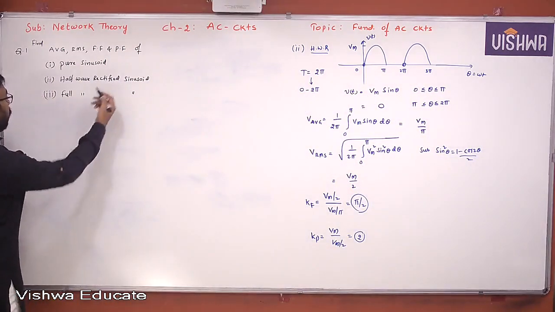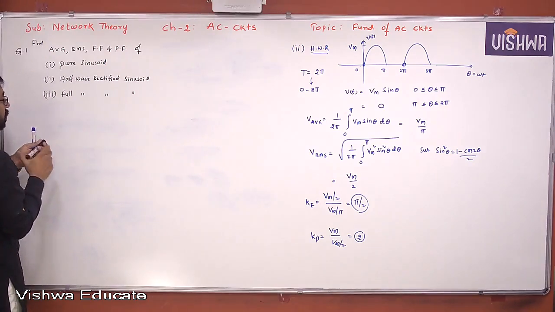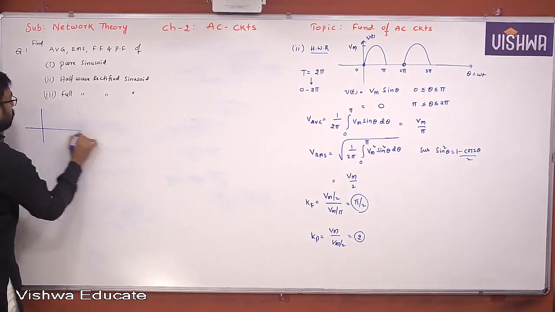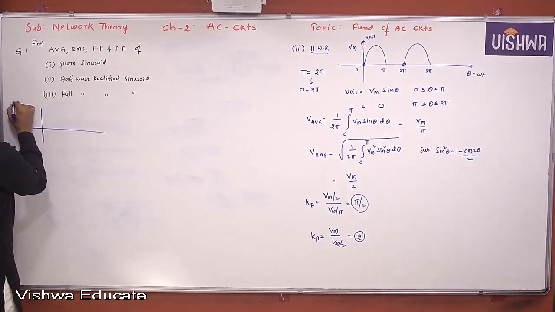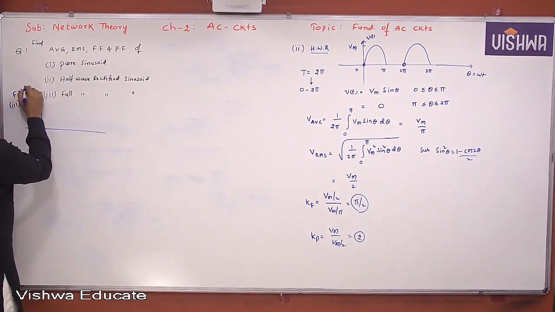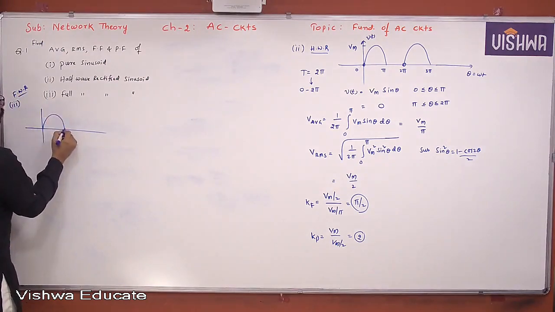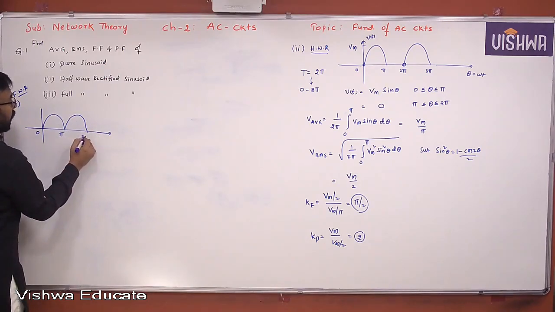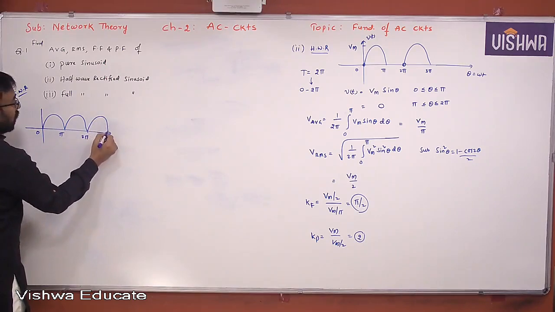the full wave rectified waveform. How does the waveform look like? Third one, full wave rectified sinusoid: 0, pi, 2 pi, and so on, right?